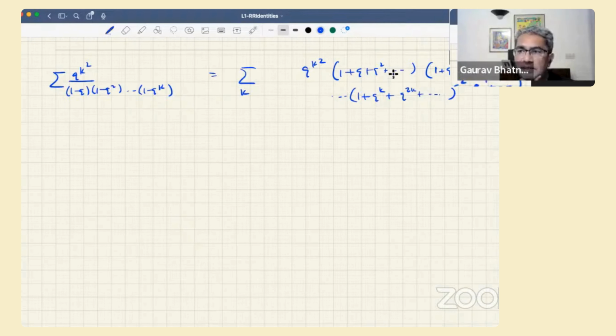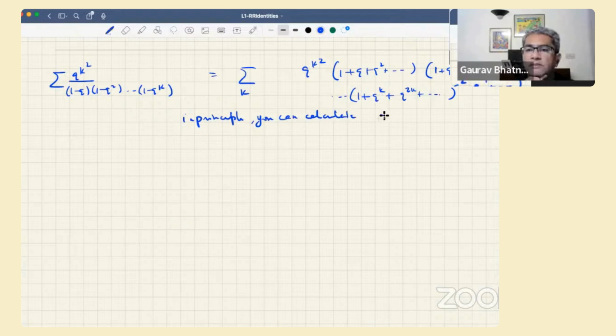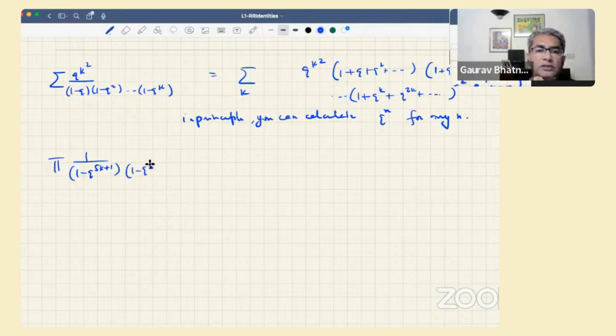You can see that in principle you can calculate the coefficient of q raised to n for any n. And similarly, this product over here, that's much easier. So this product, 1 minus q raised to 5k plus 1, 1 minus q raised to 5k plus 4, again, each of these guys you can write as 1 plus q raised to whatever.